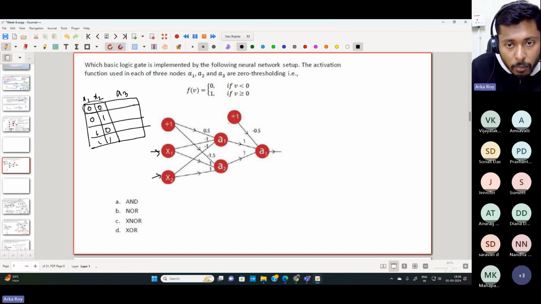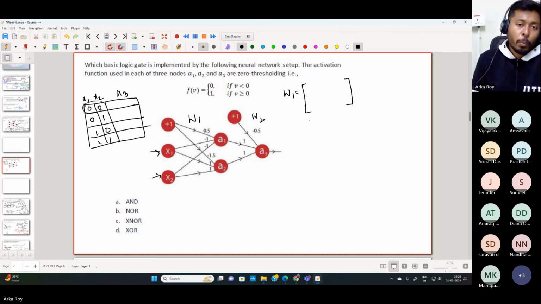So to do that, we first need to write. Let's say this is weight 1 and this is weight 2. How can you write weight 1? You have been given the connection weights. For example, the first neuron in the hidden layer is A1.